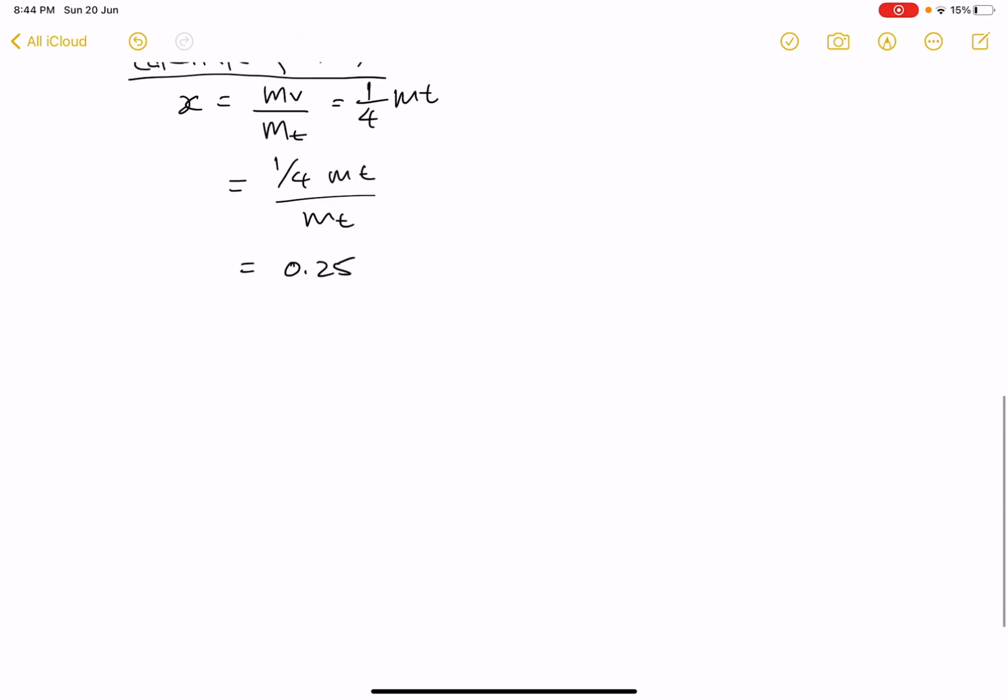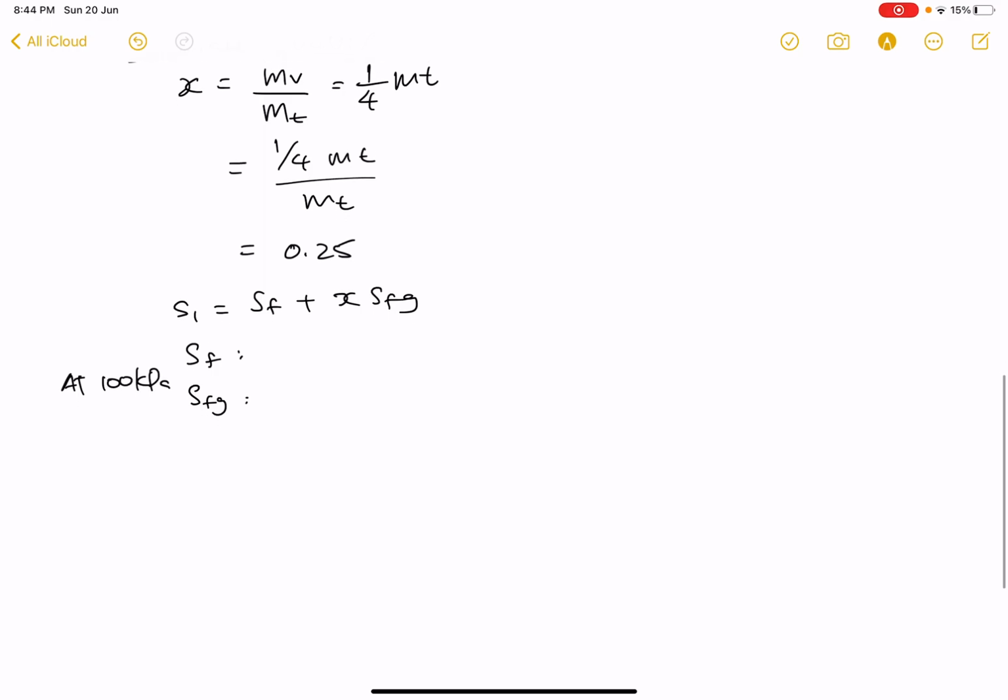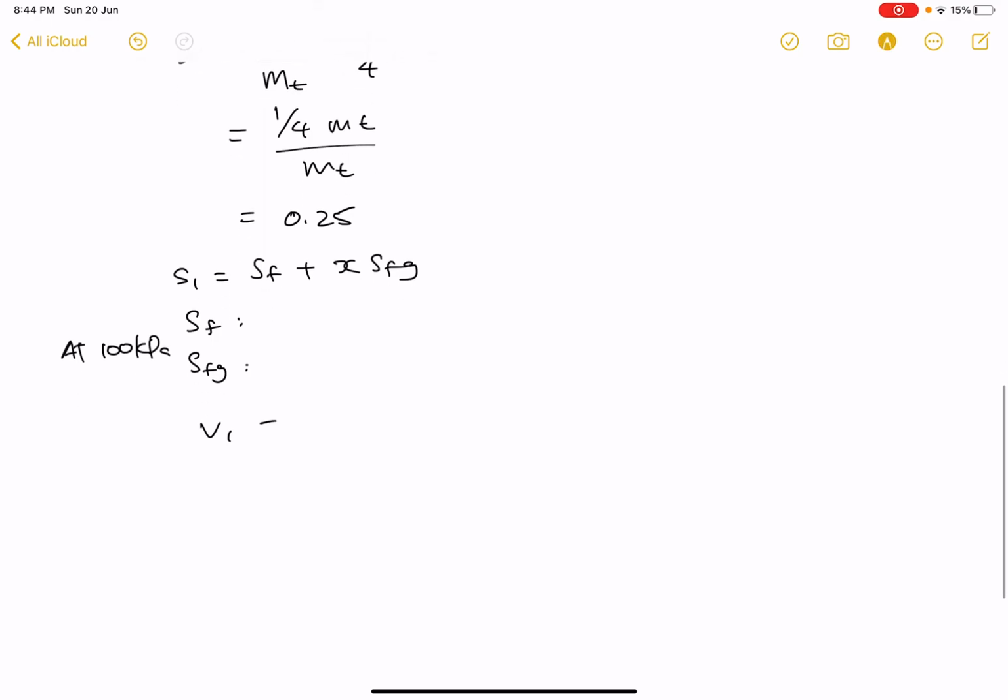Then you can find S1. S1 is Sf plus x Sfg, with the values of Sf and Sfg taken at 100 kPa. The same for v1, which is vf plus x vfg, where vfg is taken at 100 kPa.